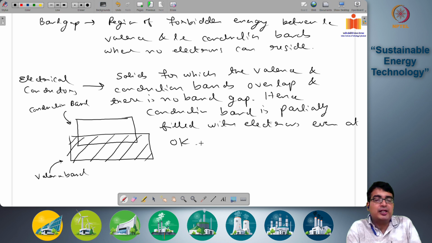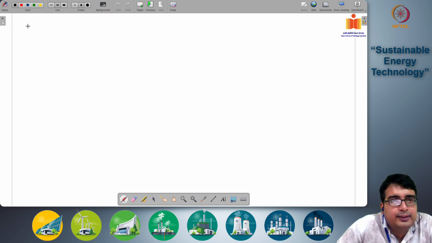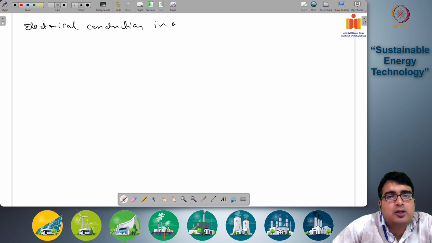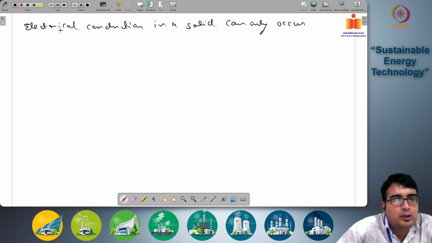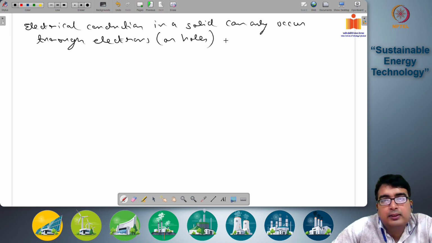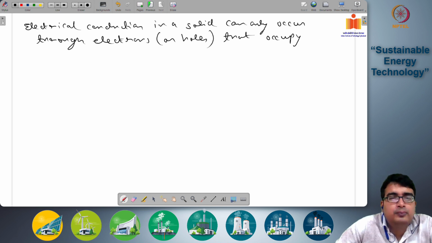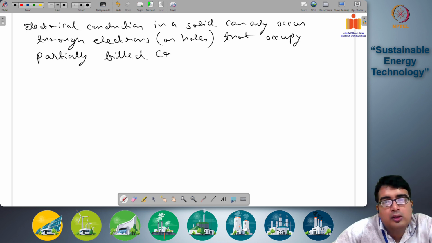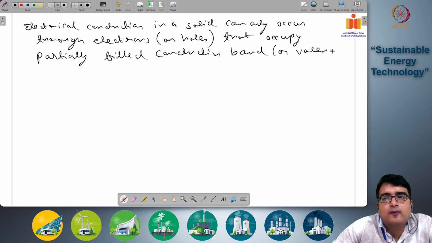So why does this help in electrical conductivity? Let's look at this point: electrical conduction in a solid can only occur through electrons or holes, which we will discuss later, that occupy a partially filled conduction band or valence band.